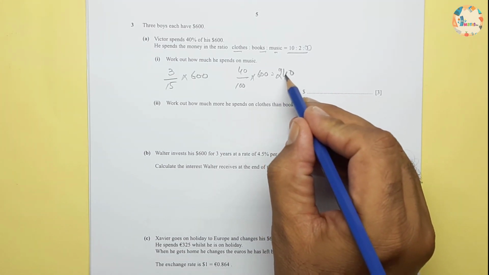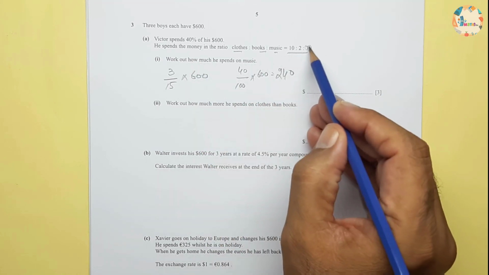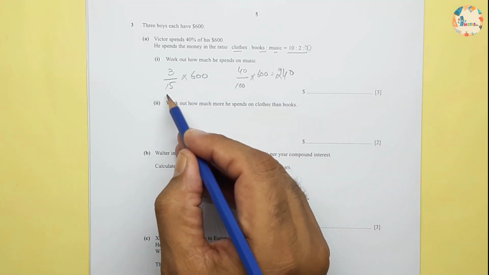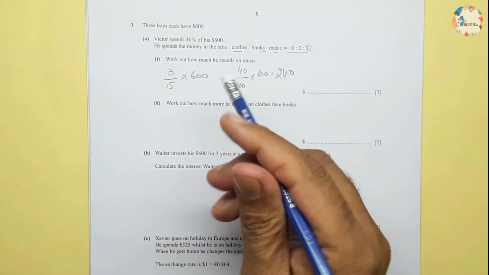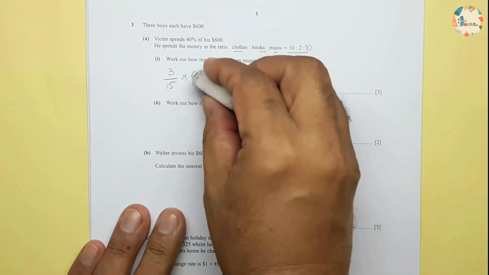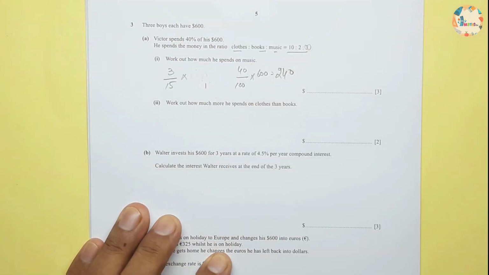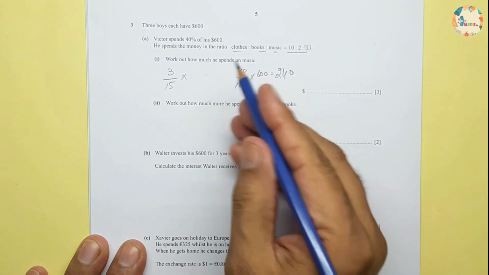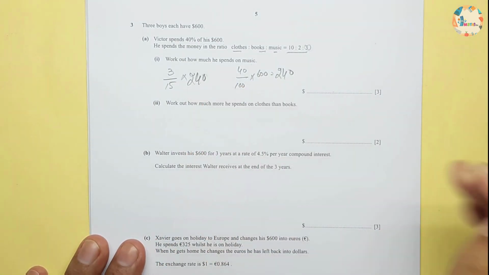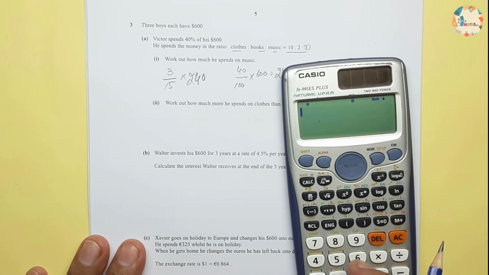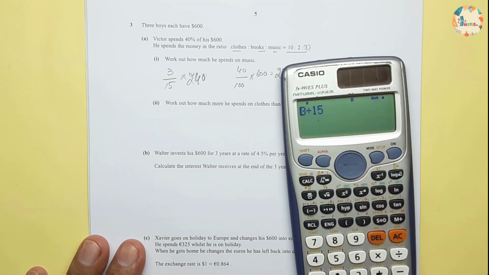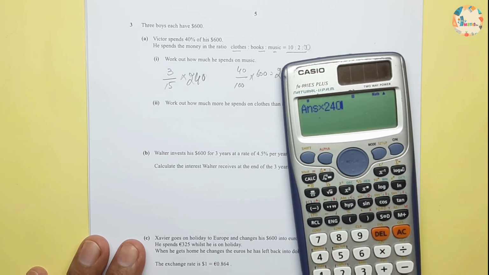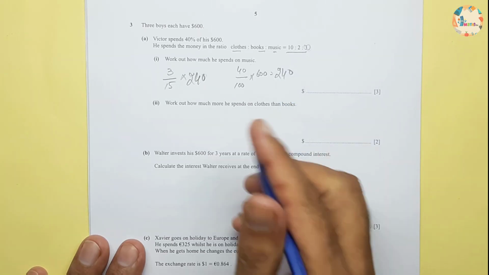Out of 240, he's spending 3 out of 15. So we will change this 600 to 240. So we can write here 240, and this will be 3 divided by 15, and multiplied by 240 will be equal to 48.